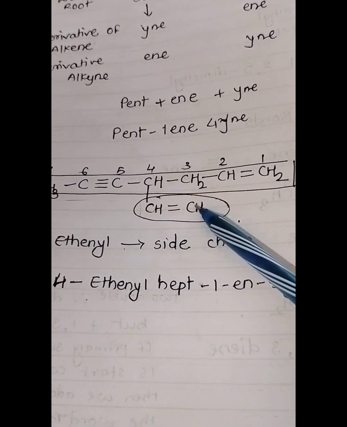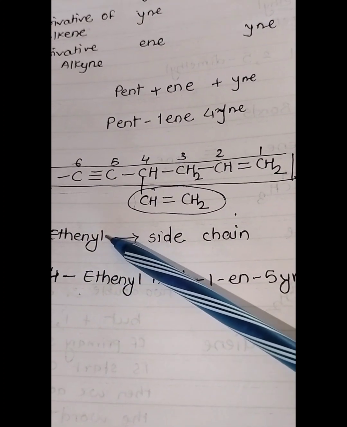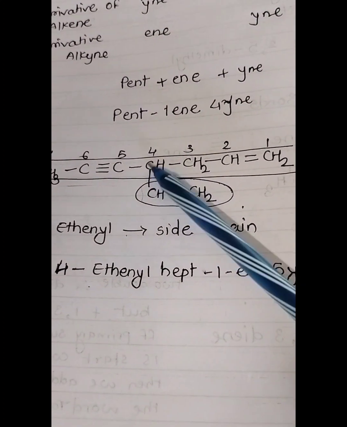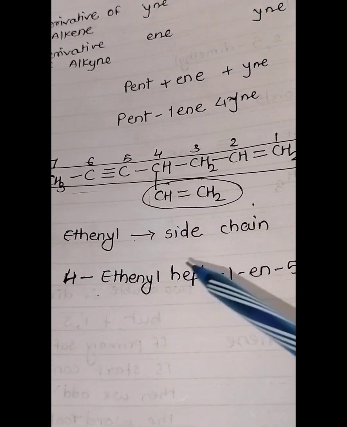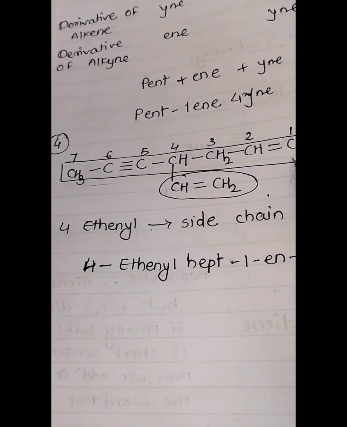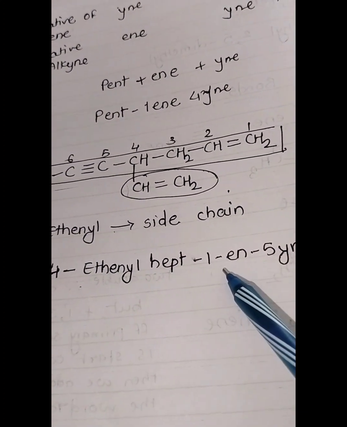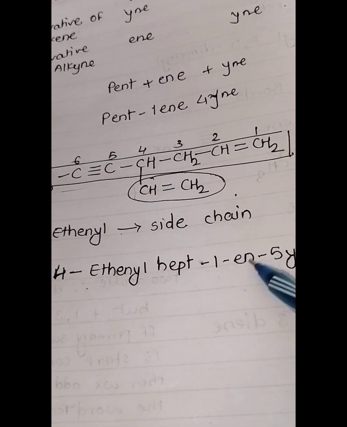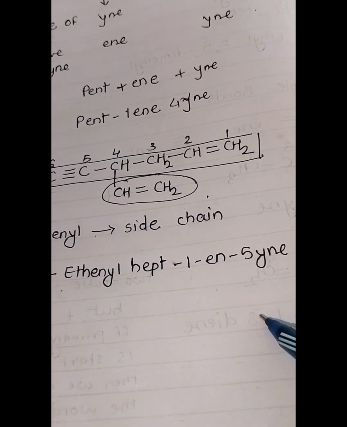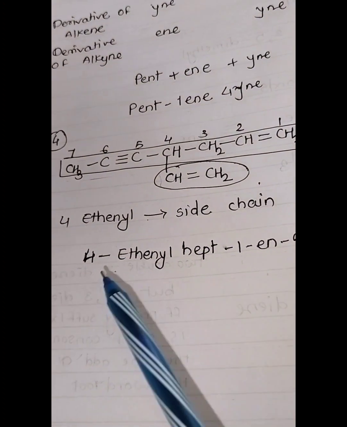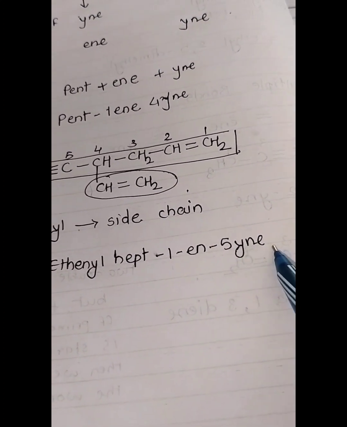So the name of this side chain is ethenyl, and it is present at the fourth carbon, so 4-ethenyl. Seven carbons are present in the parent chain, so hept, and the first carbon contains a double bond, so 1-ene, and the fifth carbon has a triple bond, so 5-yne. The name of the compound is 4-ethenylhept-1-en-5-yne.